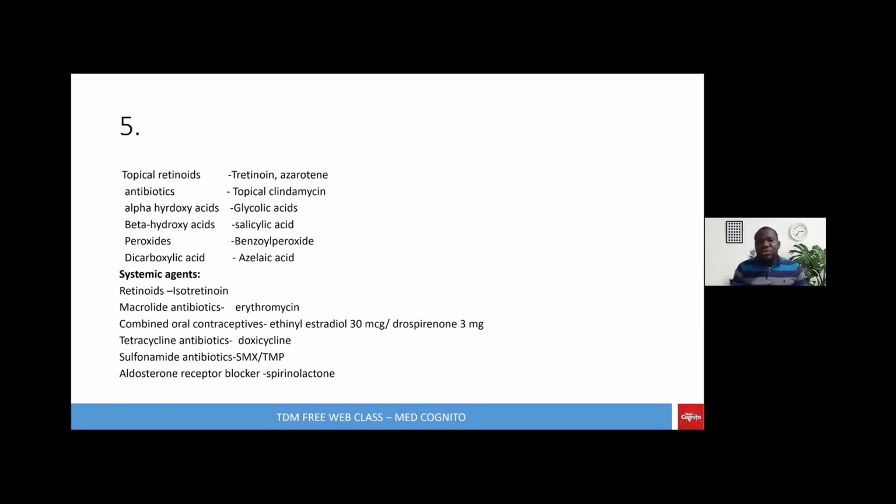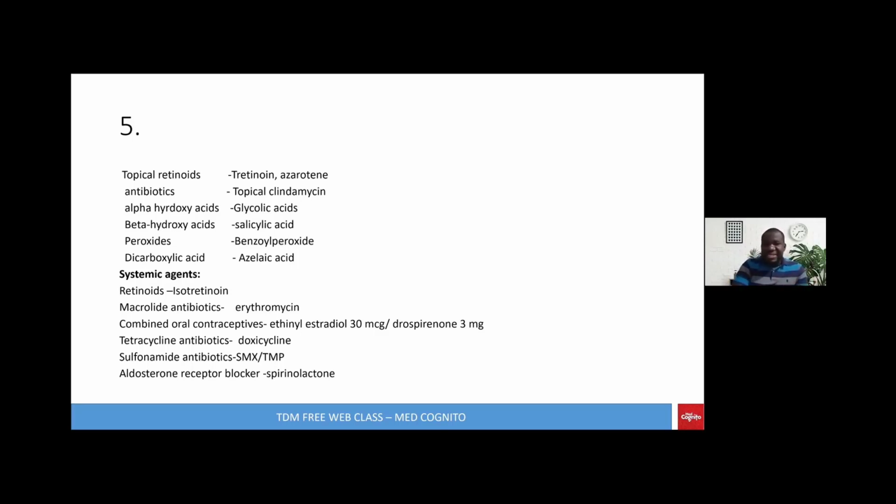If you want to go for topical antibiotics, that will be the class, and the agent can be topical clindamycin. If you want to say topical alpha hydroxy acids, glycolic acid is an example. Beta hydroxy acid, salicylic acid is an example. Peroxides is a class. Benzoyl peroxide is an agent within that class.